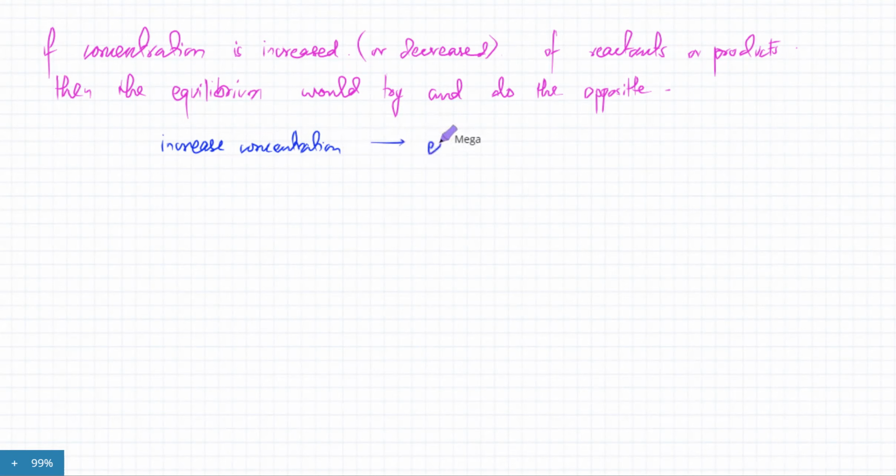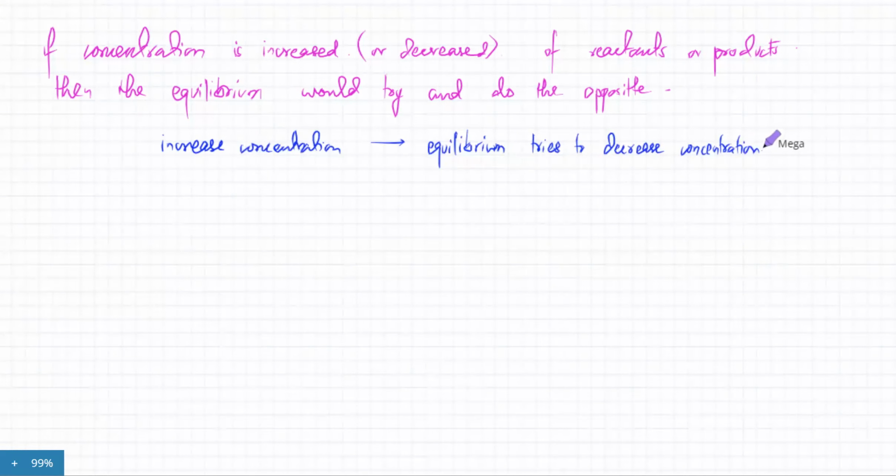The equilibrium would try to decrease the concentration, and vice versa.